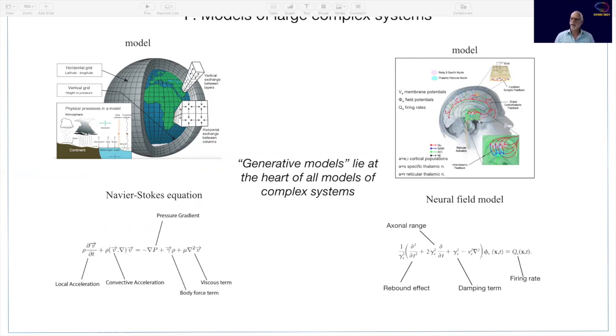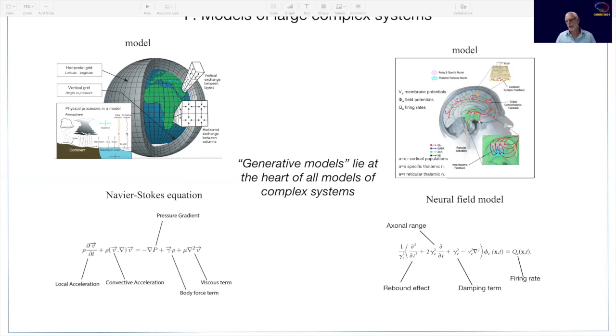But the idea is that there is a similar type of equation, very different in its actual form, but a similar sort of goal, but not modeling gas and fluid, but population level firing rates and synaptic barrages and neuromodulation. And just as we can embody the weather in an equation, we can embody the flow of these different neural states in different equations. And these are generative models.